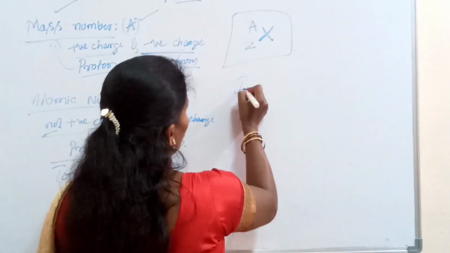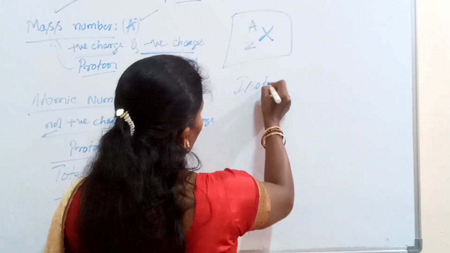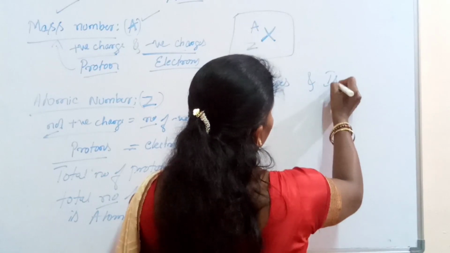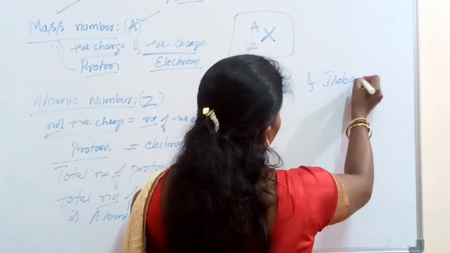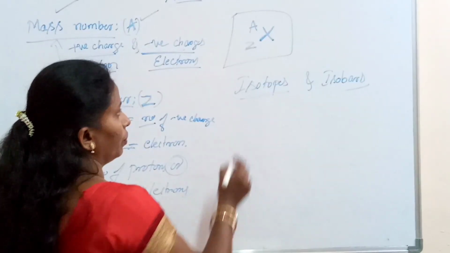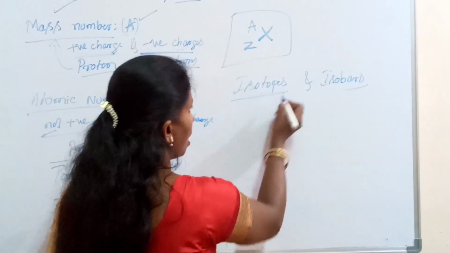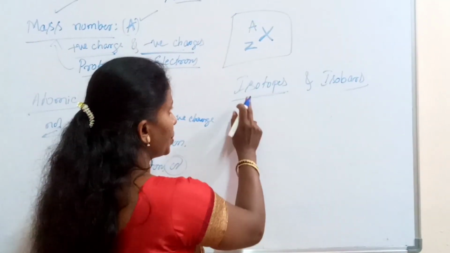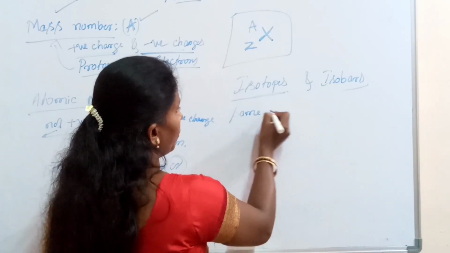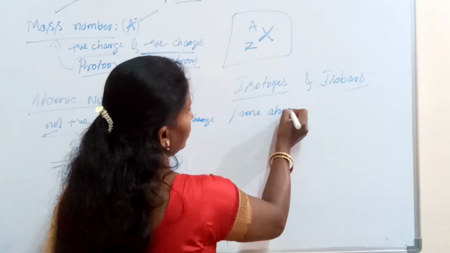Okay, now next, isotopes and isobars. Isotopes are elements which have the same atomic number.